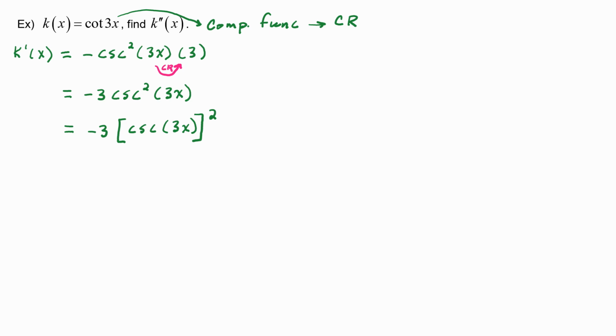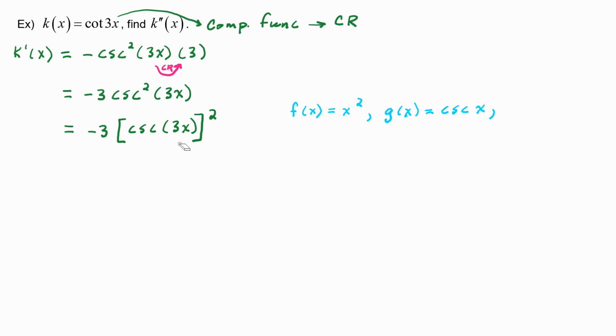So now this is also a composite function, but it actually has 3 layers. So the outermost function, if we call that f, is that we have something being squared. And then inside of that, we have a cosecant function, cosecant of some stuff. So then g of x would be cosecant x.